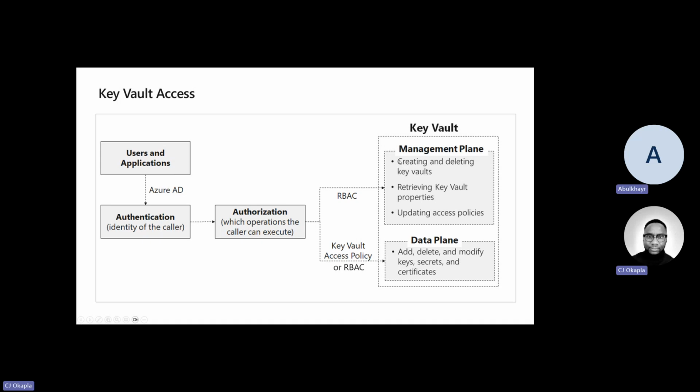The user or application can create or delete key vaults, retrieve the key vault properties, or update the access policy. In the data plane, the user or application can add, delete, or modify the key vault secrets and certificates.